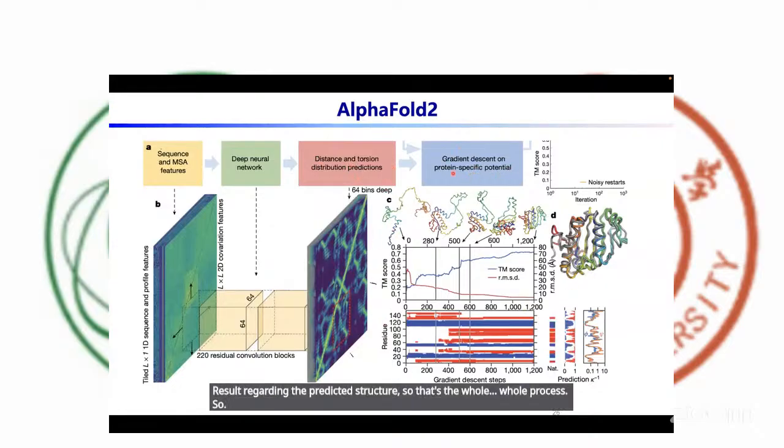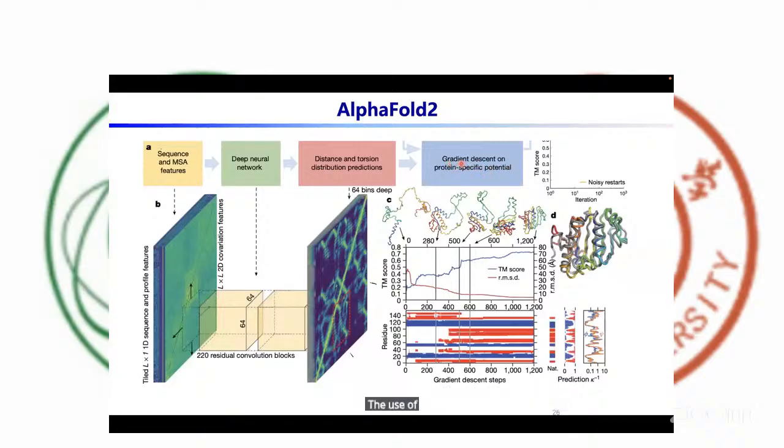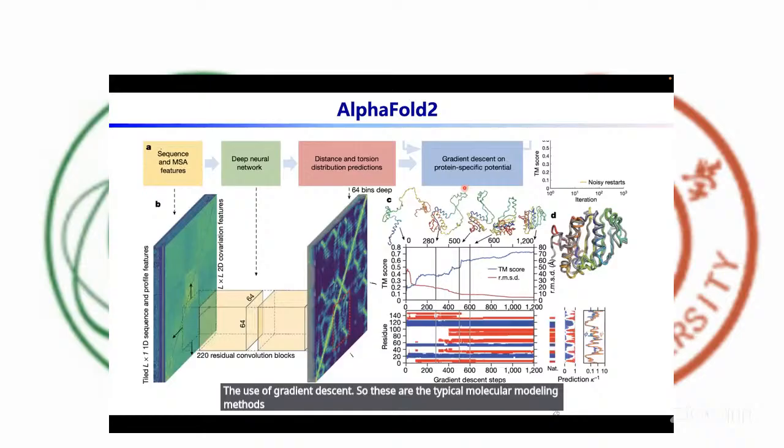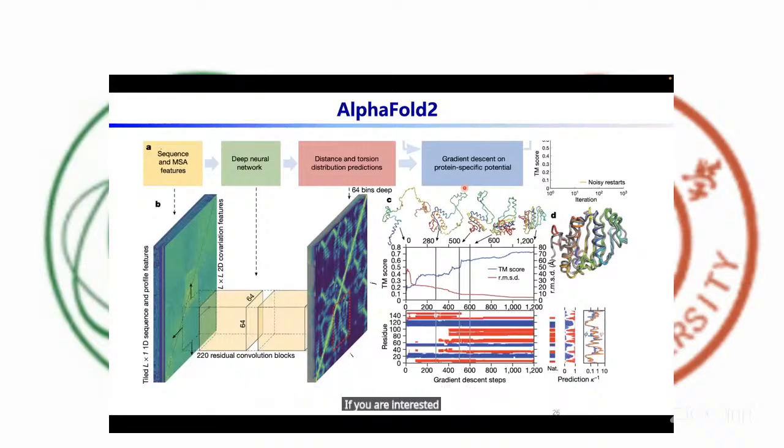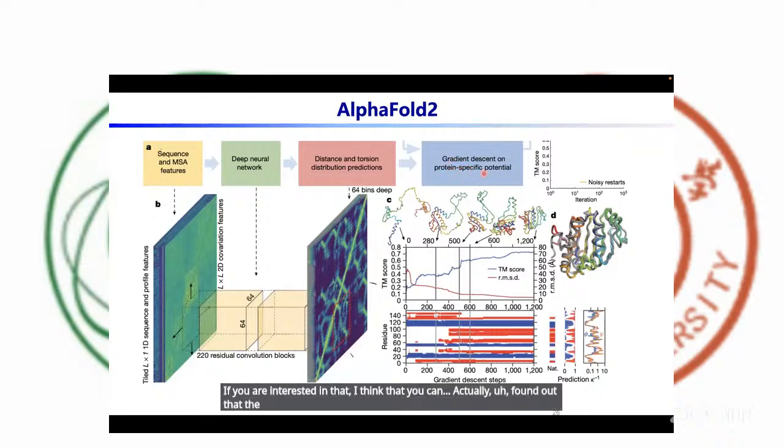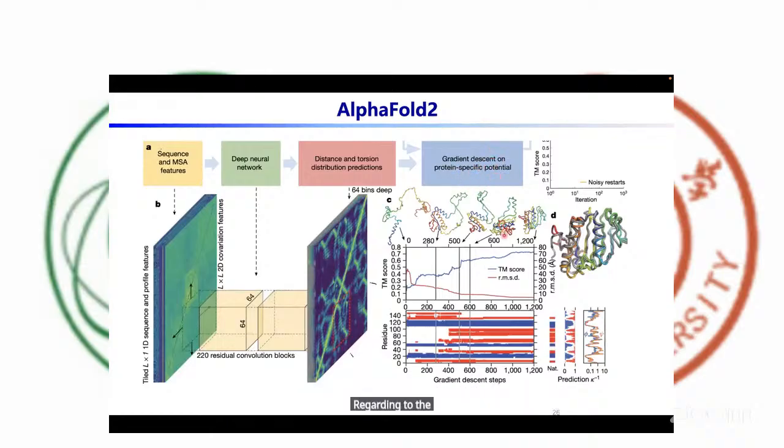So here you can see some description about the use of gradient descent. So these are the typical molecular modeling methods. Again, we are not going to go into details of the molecular modeling. If you are interested in that, I think you can find the textbook materials regarding molecular modeling methods.